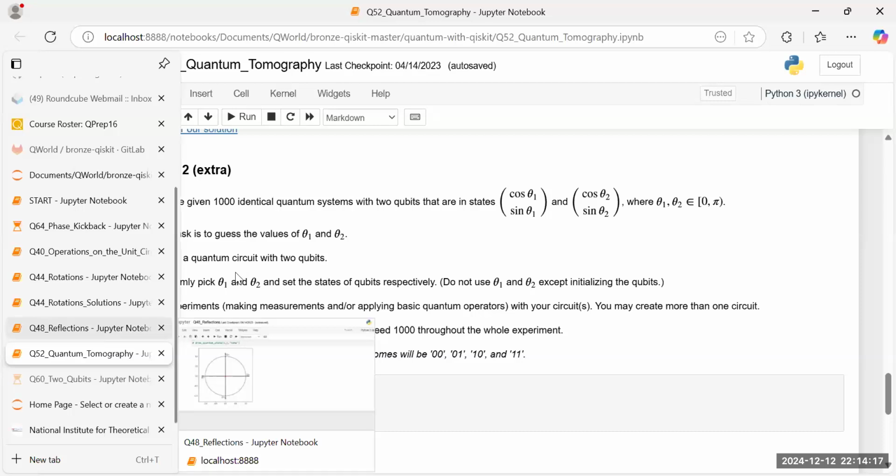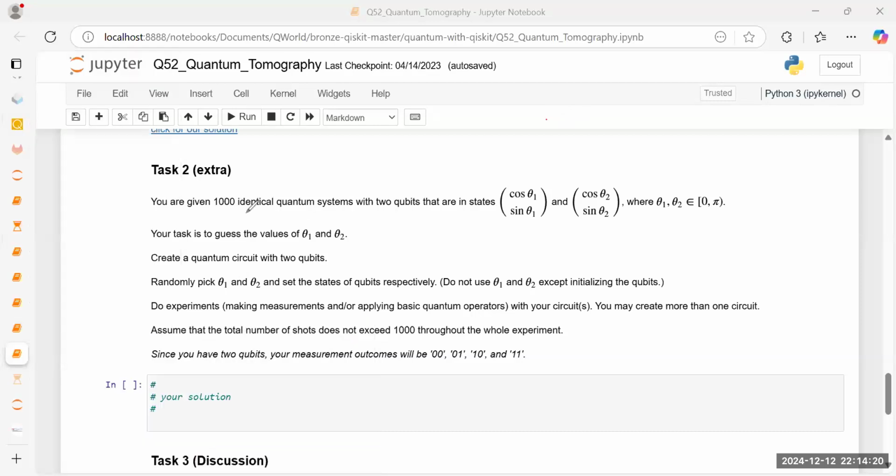So let's say we had 1,000 copies. If we measured all of them and got, let's say, 500 of the 0 states and 500 of the 1 states, we can say, for example, that the state we were handed was in equal superposition, and it could be the plus state, for example.